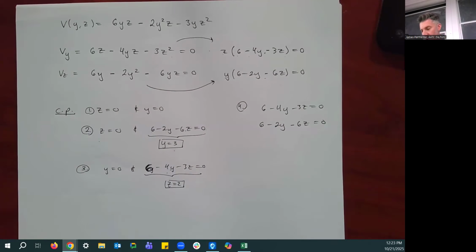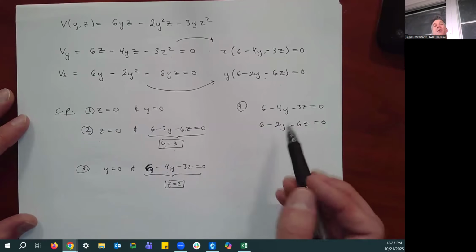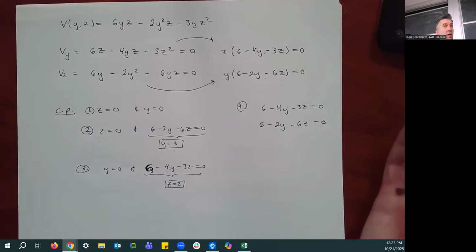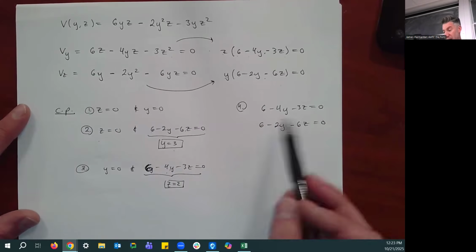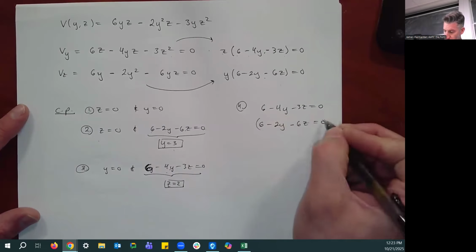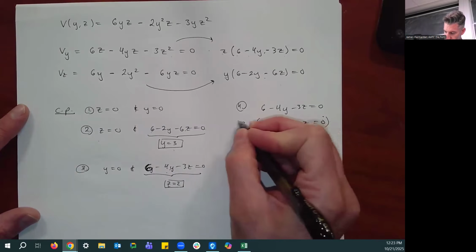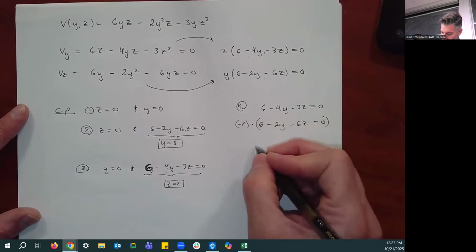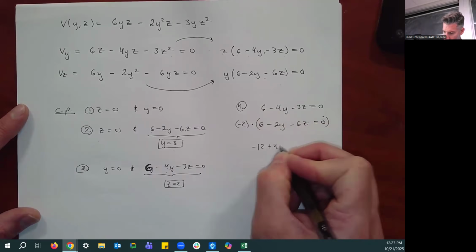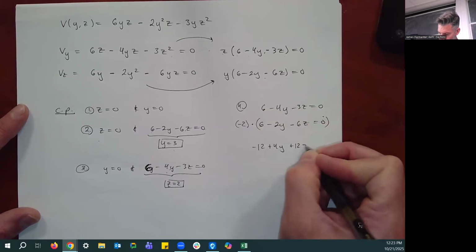If I was trying to solve this system of equations, I would multiply the second equation by -2 and get -12 plus 4y plus 12z equal to 0.